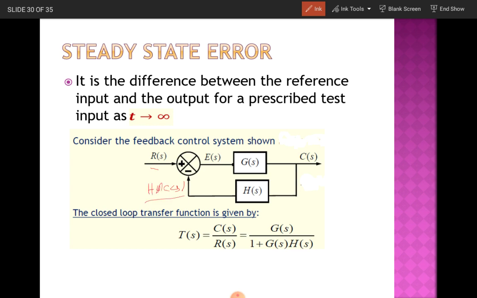So the error E of S is equal to R of S minus H of S into C of S. That is, the feedback signal multiplied with the feedback gain is given as input to the error detector and compared with the R of S.